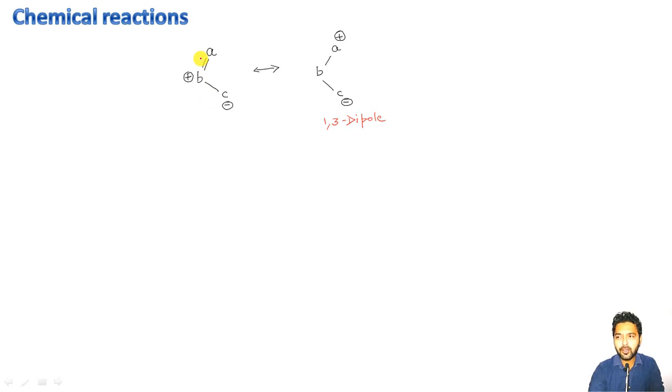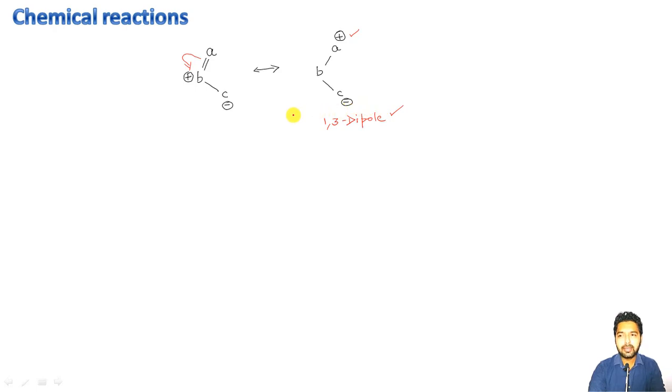We can always show the resonance in this way so that the positive charge is dispersed. This becomes a single bond, and because these electrons move from here to the B atom, a positive charge now appears on this A atom. So 1, 2, 3, it is a 1,3 type of dipole. We can represent it in either way.